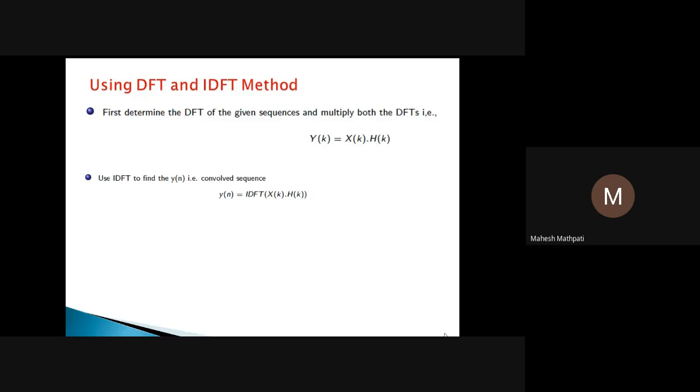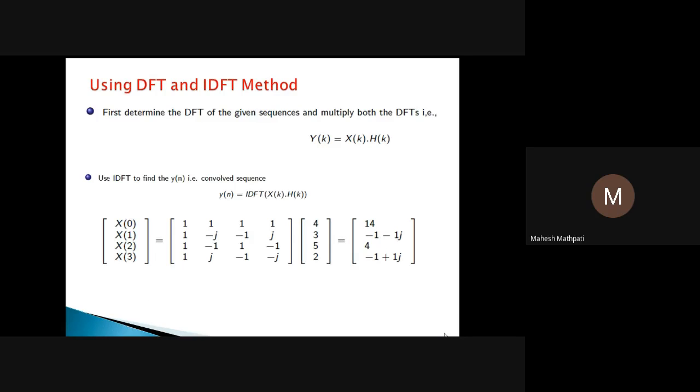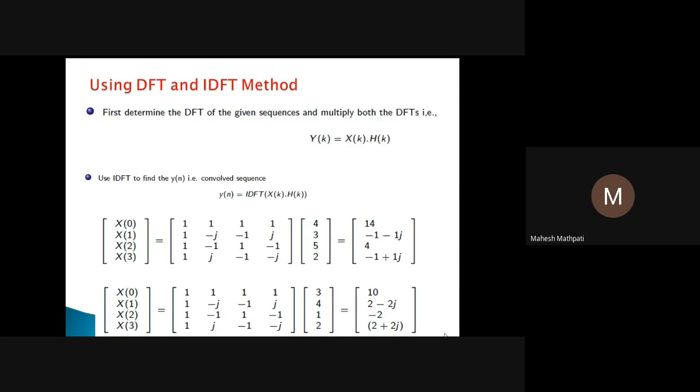Now take an example. Find the circular convolution of x1 of n equals 4, 3, 5, 2 and x2 of n equals 3, 4, 1, 2.